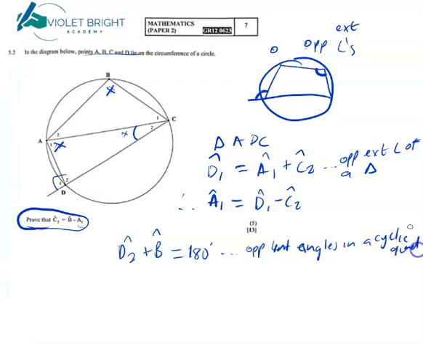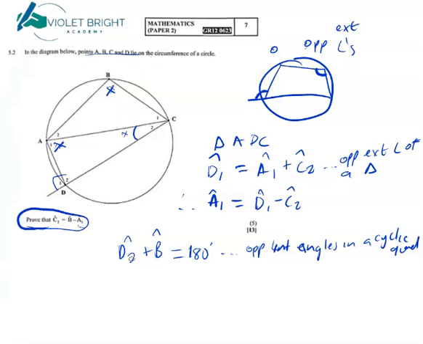You may also say this is a cyclic quad because they touch at the circumference. If maybe B was here and didn't touch, then it would not be a quadrilateral, and it would never be a cyclic quad.